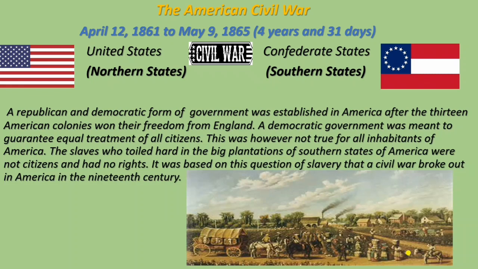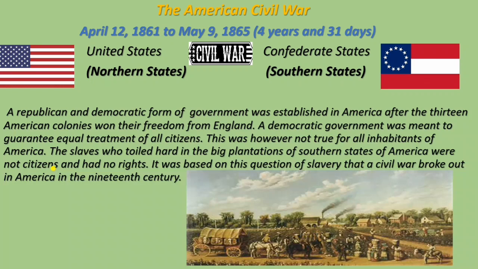Actually, after the American Revolution, the USA was rapidly growing in all sectors. But the major problem was the different situation between the northern states and the southern states of the USA. The industries in the northern part were flourishing, while the southern states were rich in big plantations of sugar and cotton.